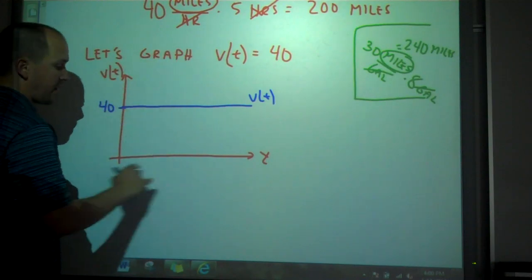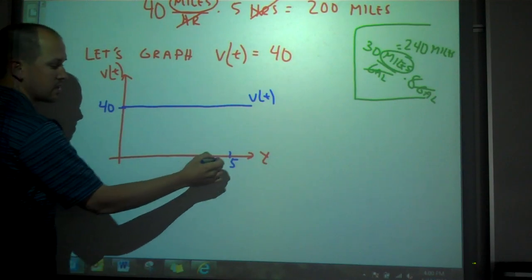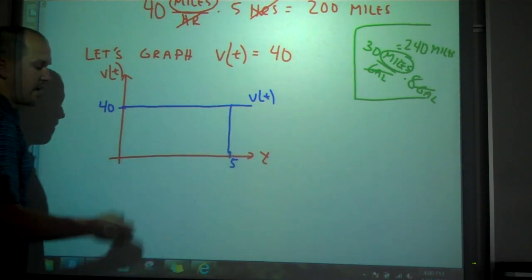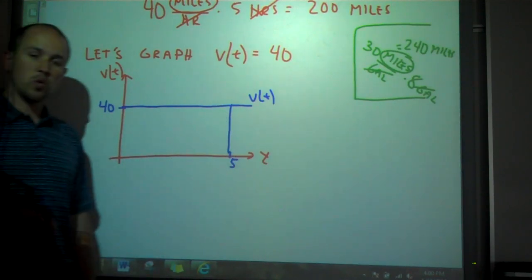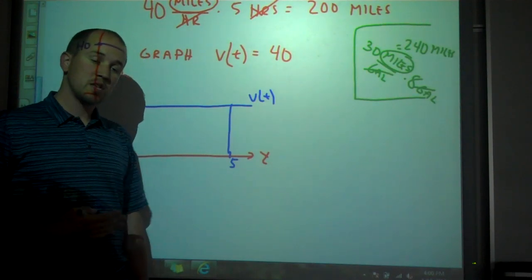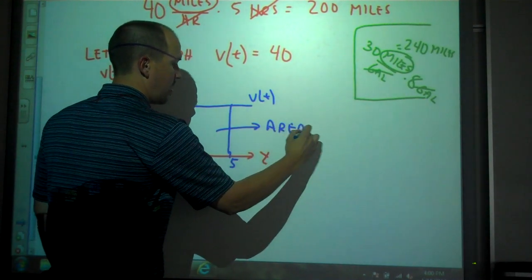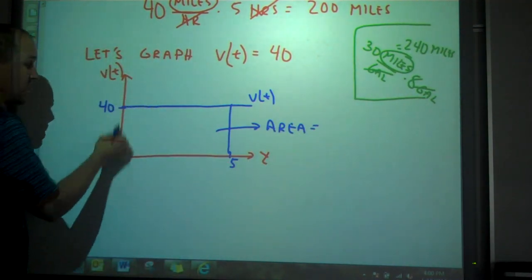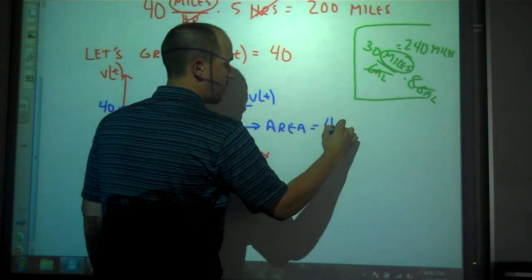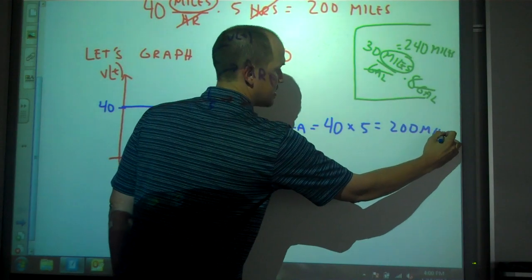If I'm traveling for 5 hours, I'm going to go up to 5 on my time axis. And if I go up and meet my graph, I create this rectangle. My question is, what's the area of that rectangle? That's pretty straightforward. The area of that rectangle is just 5 times 40, or 40 times 5, which ends up being my distance traveled.